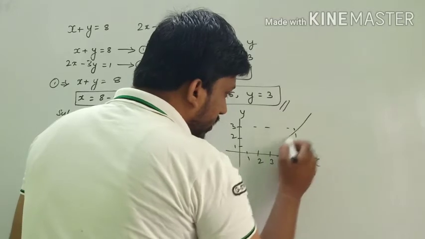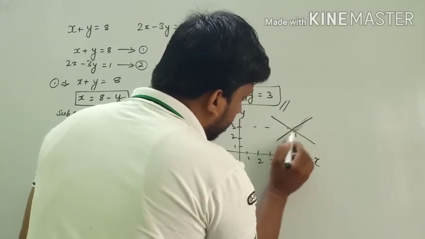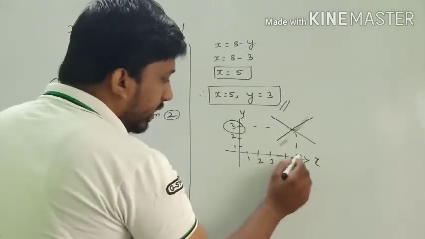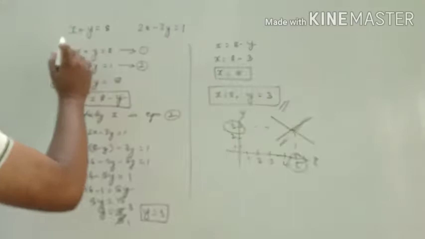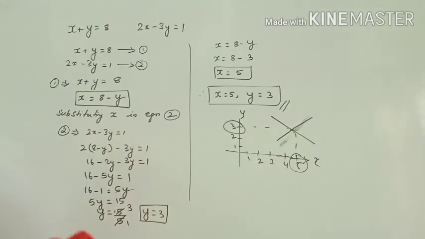A line will intersect this point exactly, so y is 3 and x is 5. If I plot the graph for these equations, I will get it like this. I hope you people are understanding.